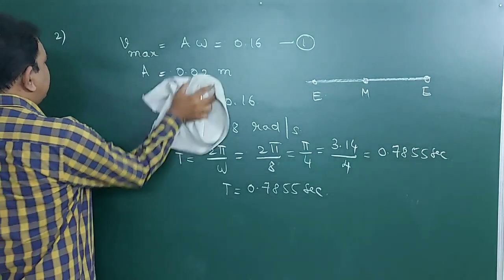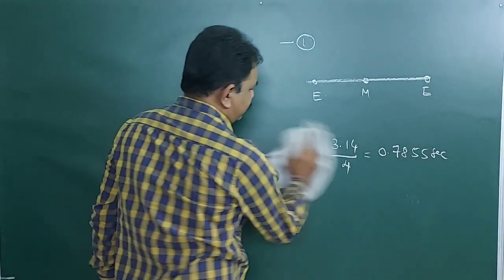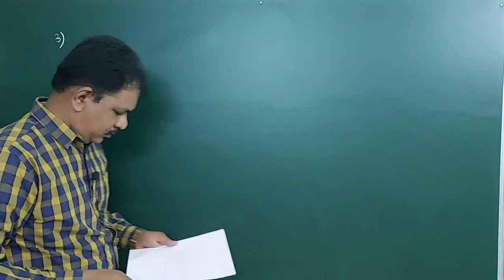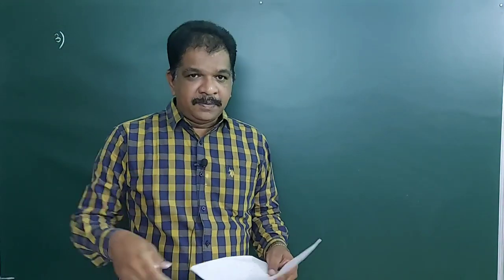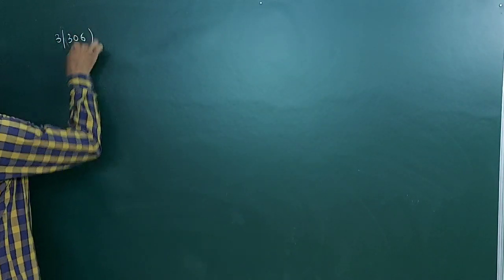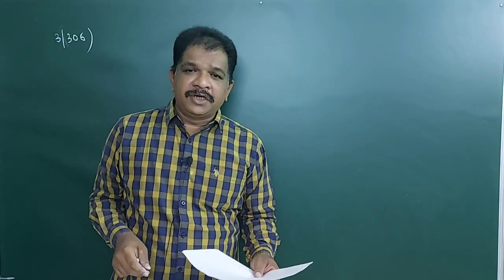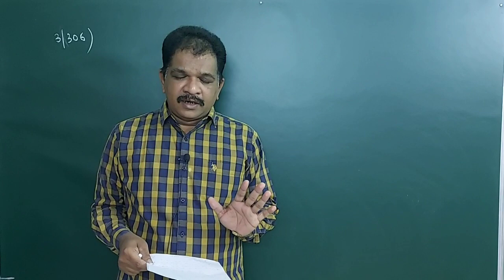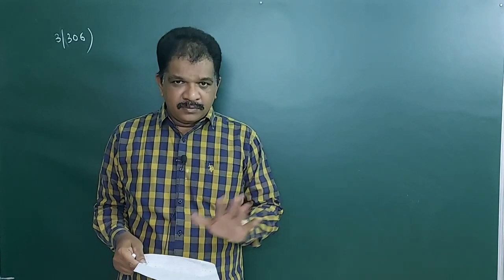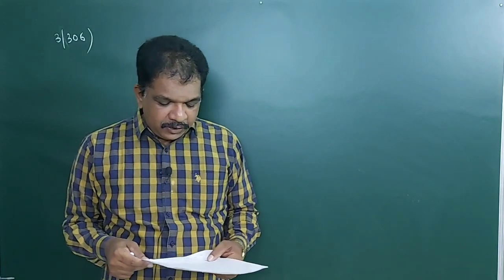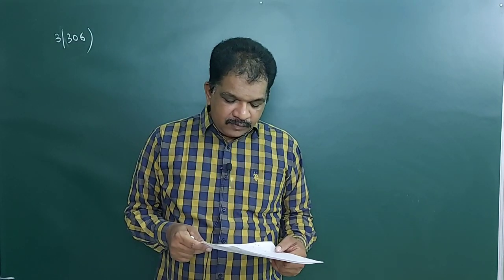Next, see the third problem. Page 306, next page. All these problems are in the Legend material, not the objective book. Atomic Academy objective book, those are not; these questions are from this Legend material. A body executes SHM along the y-axis.